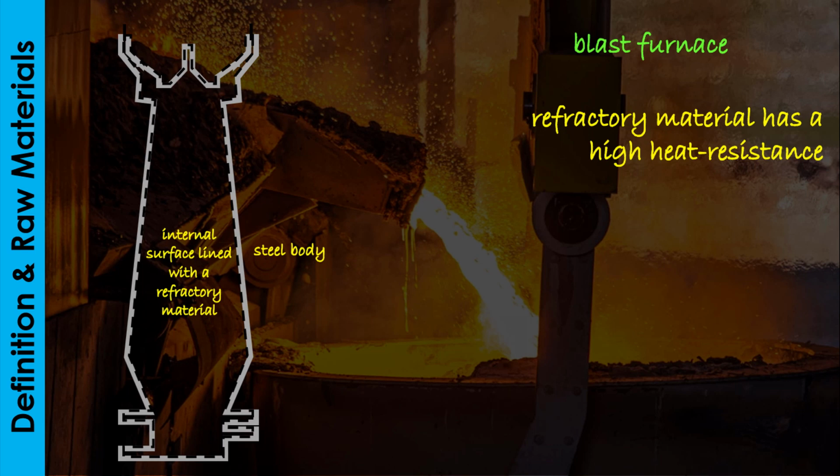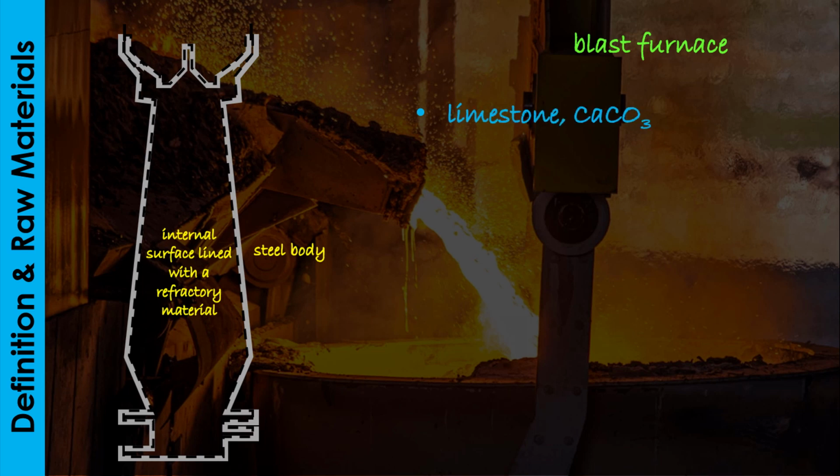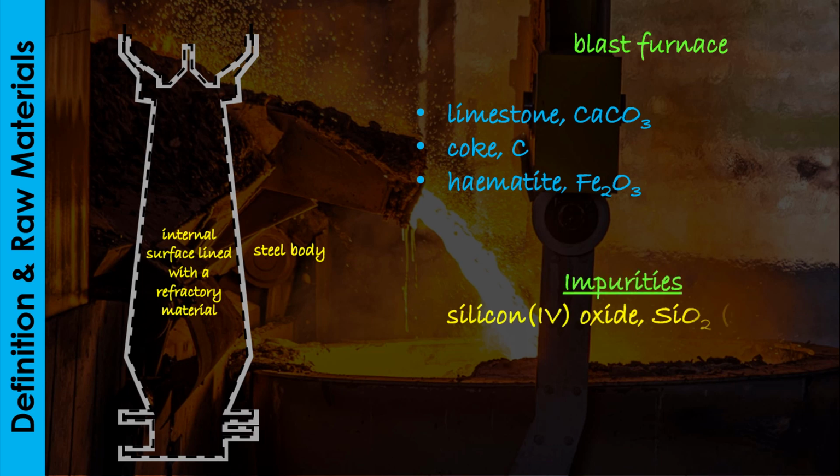Iron is extracted from its ore by chemical reduction, and the raw materials used are limestone, coke, and the ore. The commonly used ore is haematite, which is made up of iron(III) oxide as its main constituent. It also contains silicon(IV) oxide or sand as impurities.